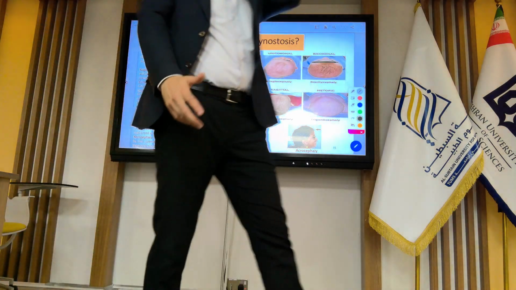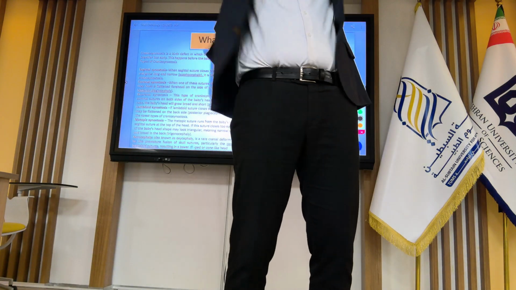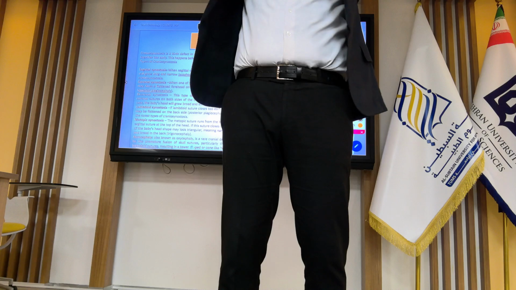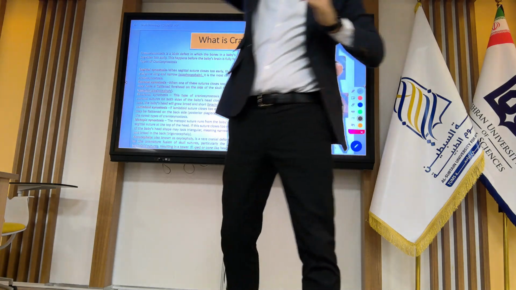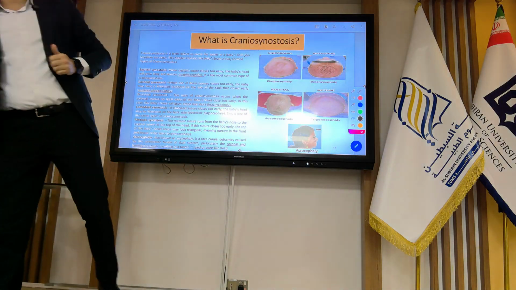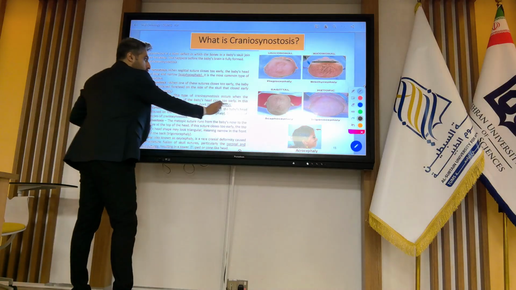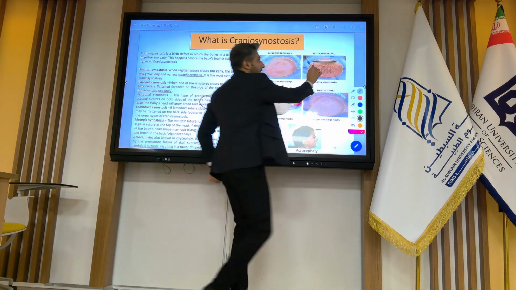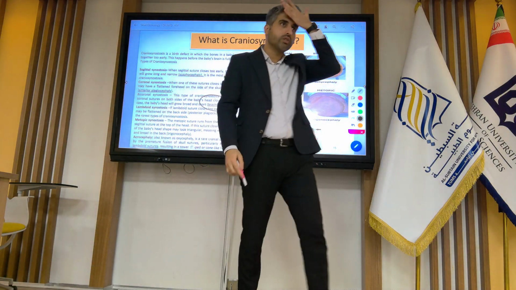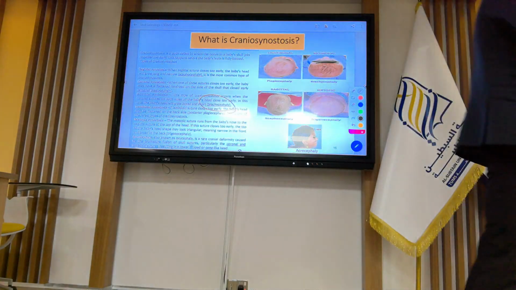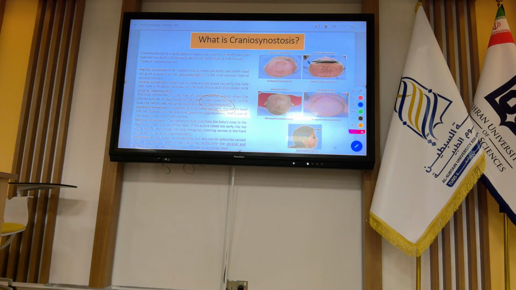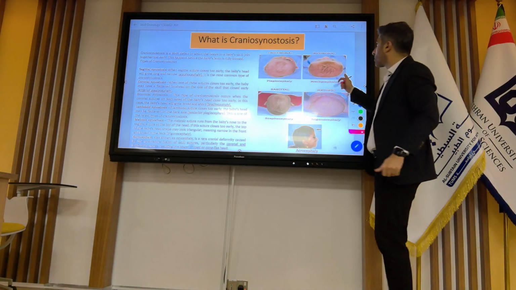The skull doesn't grow anteriorly. It's flat, and the posterior side becomes big. The anterior side is very short, flat. We say brachycephaly. If both anterior sides close, you can see the anterior side is flat, but the other part is round. We say brachycephaly.